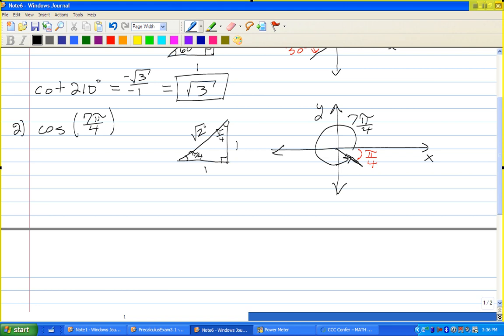And so, or actually let's write it this way: 1, 1, root 2. And so cosine is going to be positive in the fourth quadrant. It is adjacent over hypotenuse, root 2 over 2.